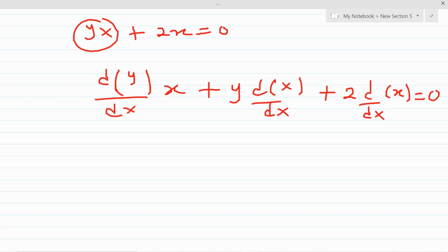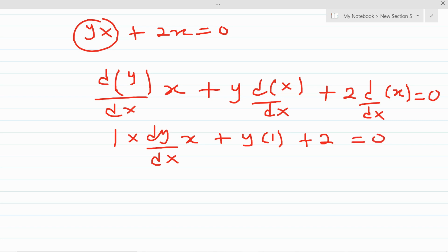Now if I differentiate y with respect to y, first we said differentiate y with respect to y, and that will give me 1. Then differentiate the y with respect to x, which will give us dy/dx, which we don't know. Then x plus y times d/dx of x, and that will give me 1. Plus 2, the differential of 2x will give me 2. And this is equal to 0.